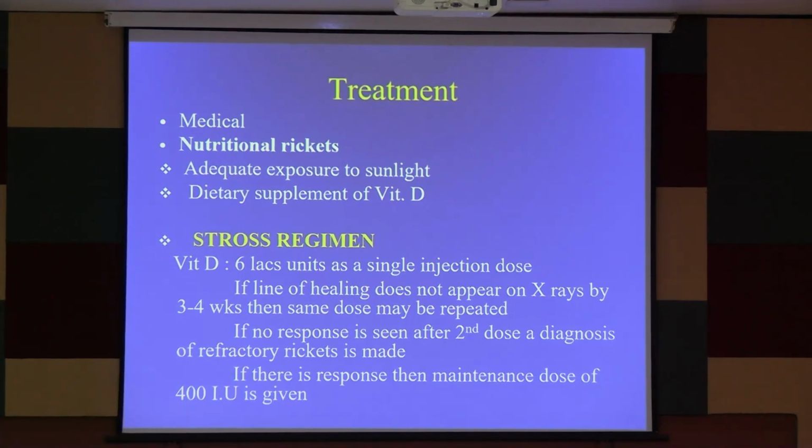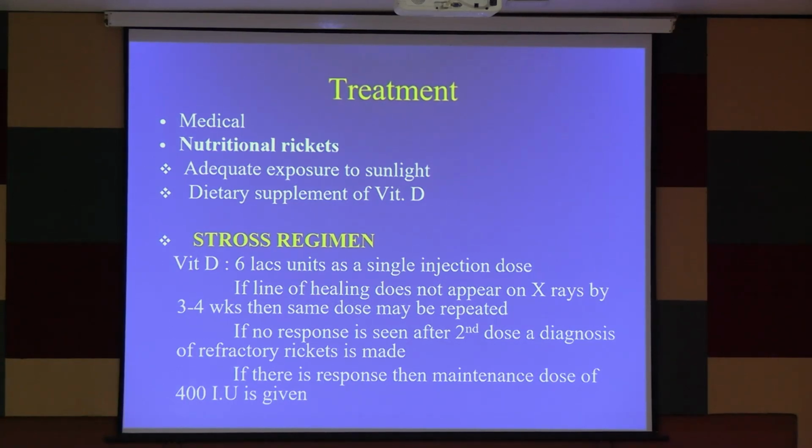Initially you start with 6 lakh international units as a single injection, and then assess whether the patient is responding. Usually it takes 2 to 4 weeks to see any response. After you get the X-ray, you see whether the healing line is appearing or not. If not responsive, you give a repeat injection of 6 lakh international units.